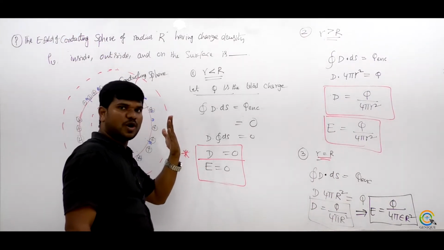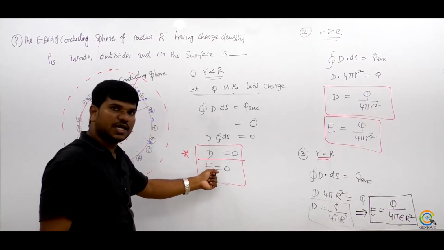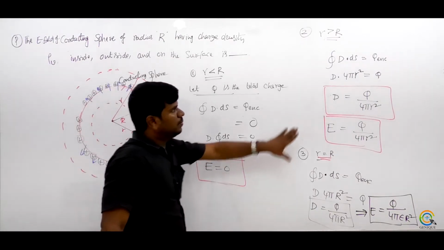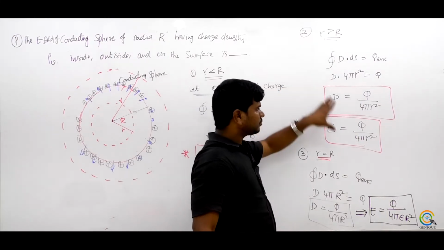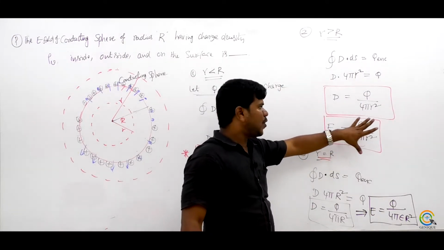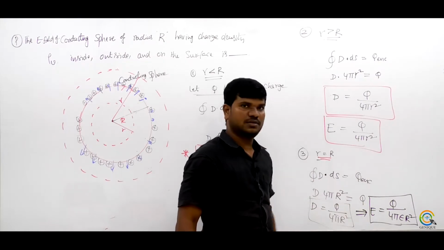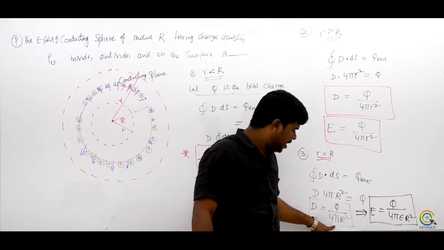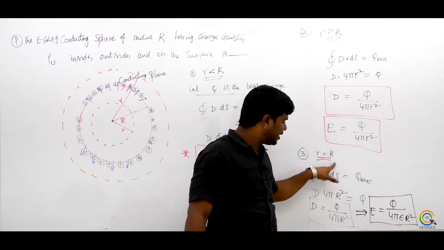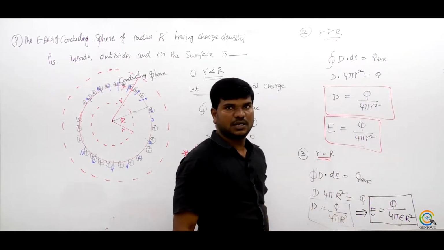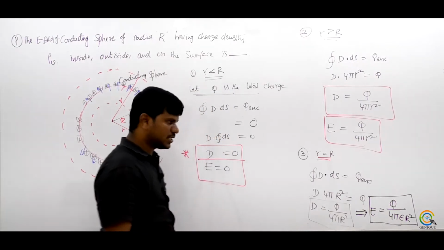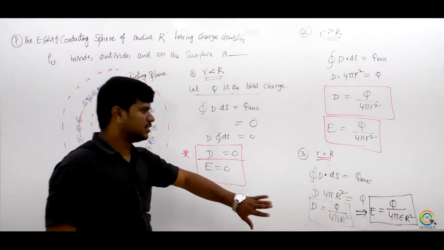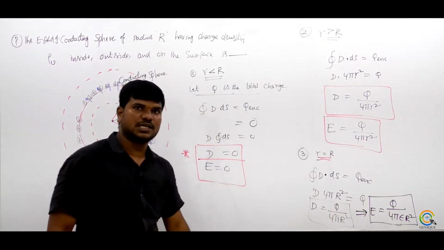In the previous problem, we solved that it was not 0. But here, outside, it is just like a point charge expression. And here, it is also just like a point charge expression, but here we have to replace small r by capital R. So this is the total charge on the surface, and that is the total electric field on the surface.